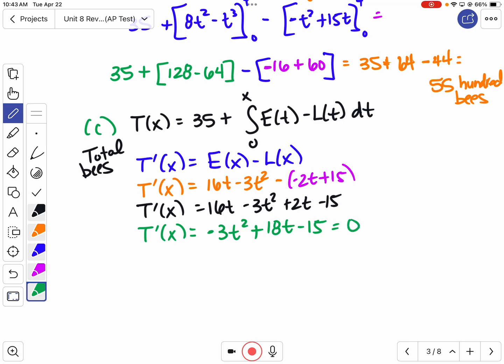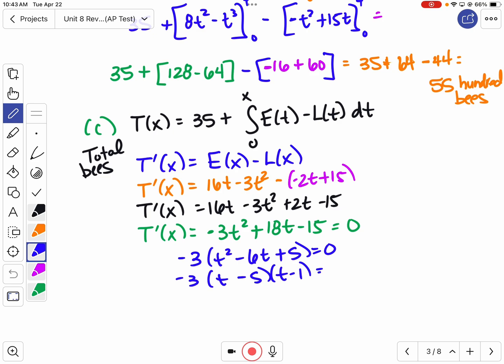Now, lucky for me, guess what I can factor out? A 3. In fact, I'm going to factor out a negative 3. So that's going to give me negative 3 times t squared minus 6t plus 5 equal to 0, which factors into t minus 5, t minus 1, or t equals 1 and 5.